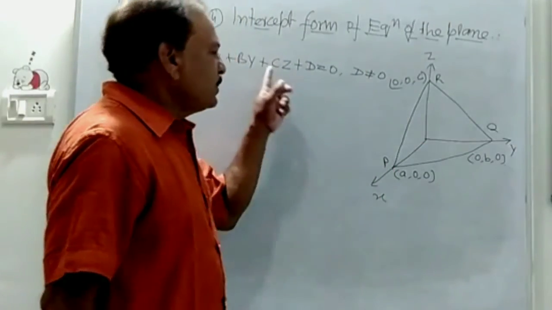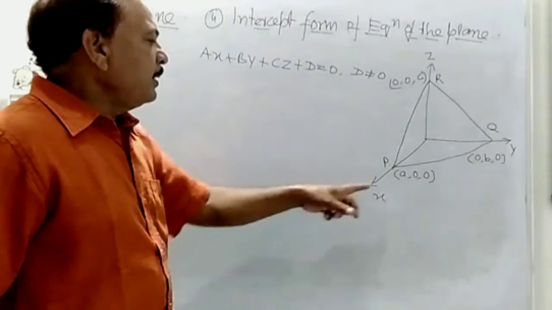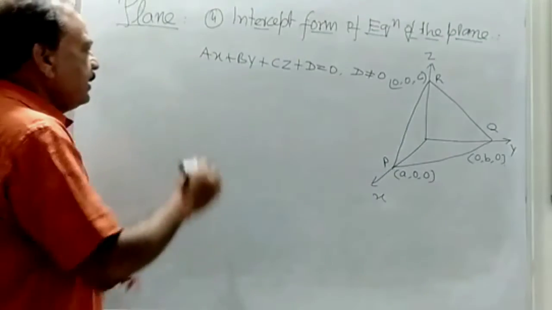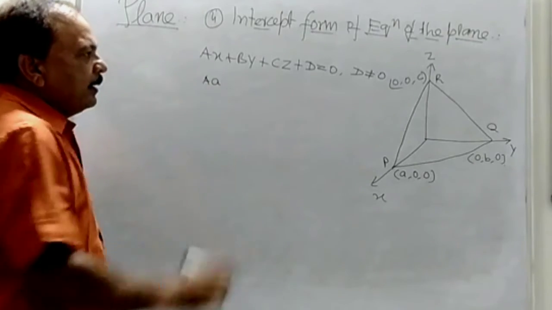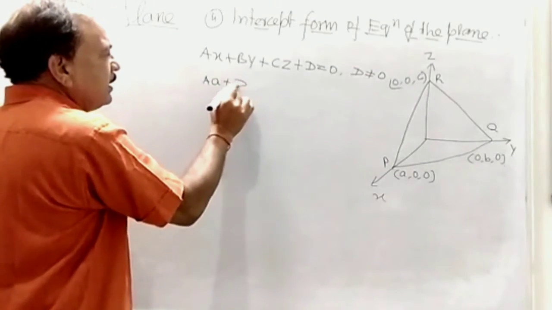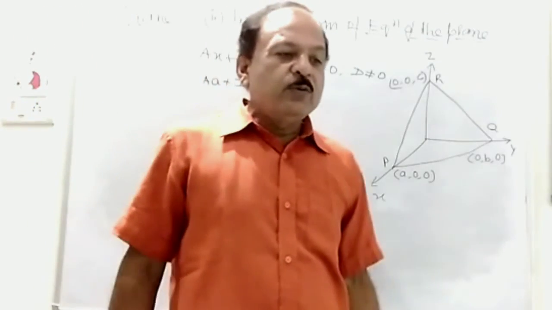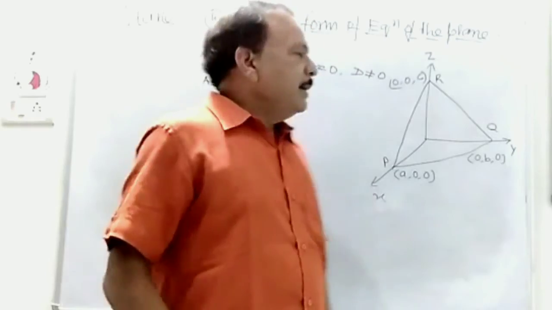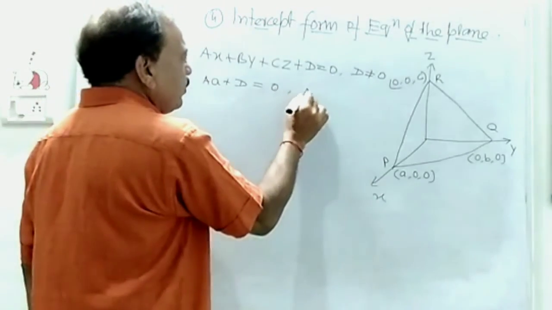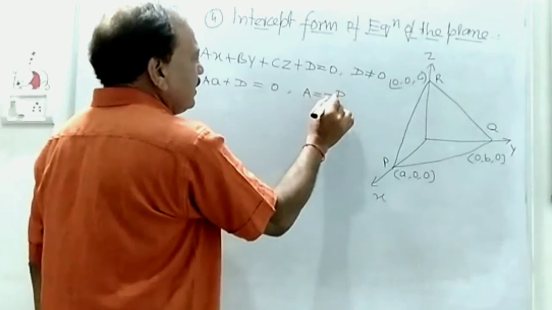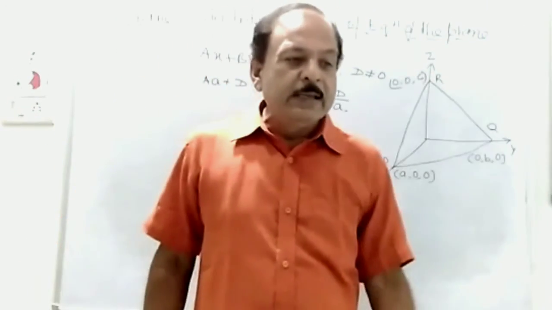Now if this plane passes through the point A, 0, 0, then a times A plus 0 plus d equal to 0. So then you can determine that A equal to minus d by a.